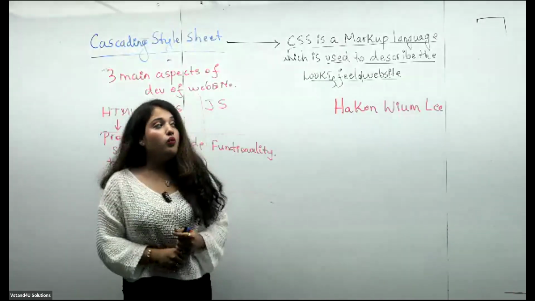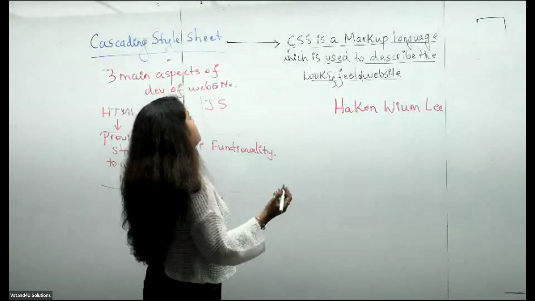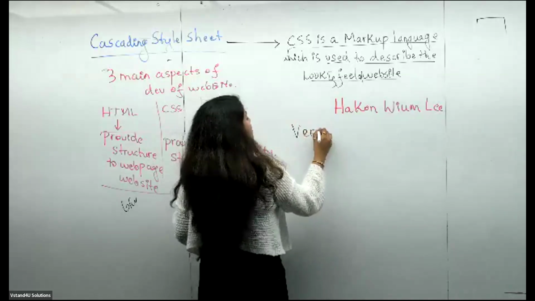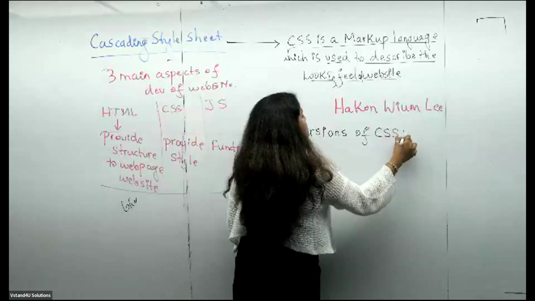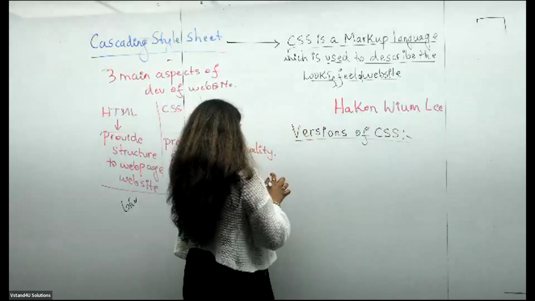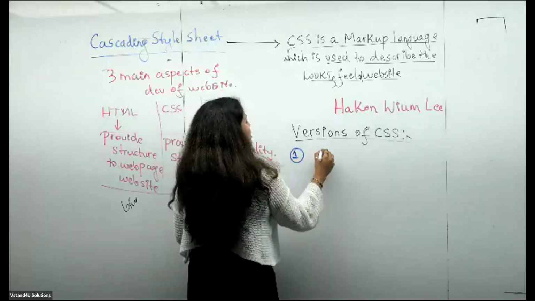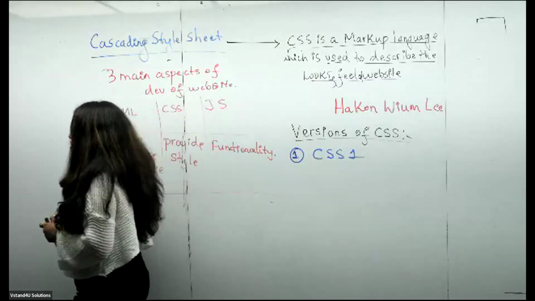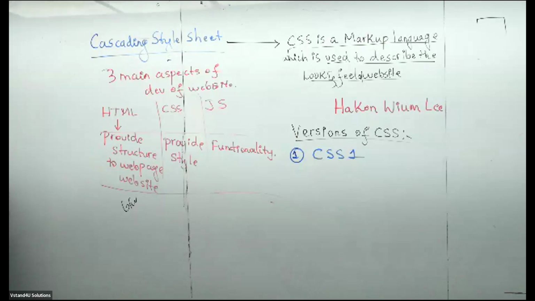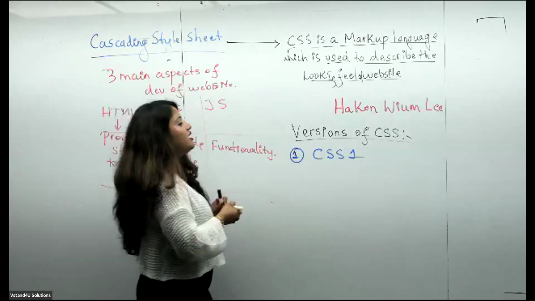And now, what are the versions of CSS? Obviously, the first version is CSS 1. CSS 1 was released in the year 1996.